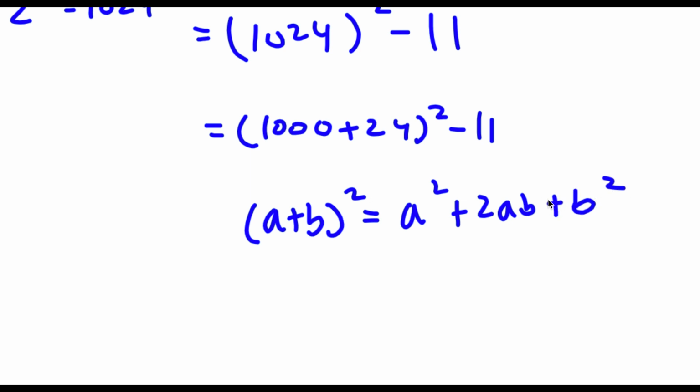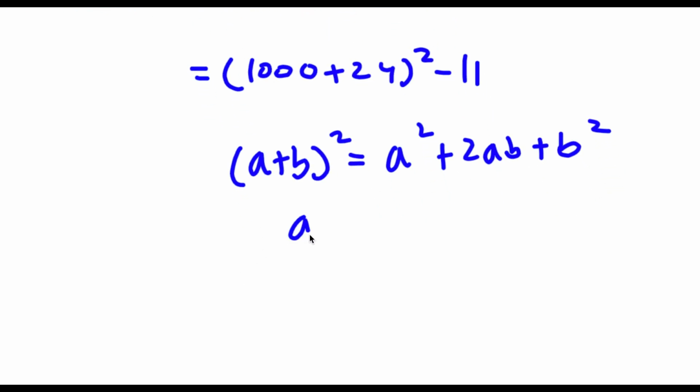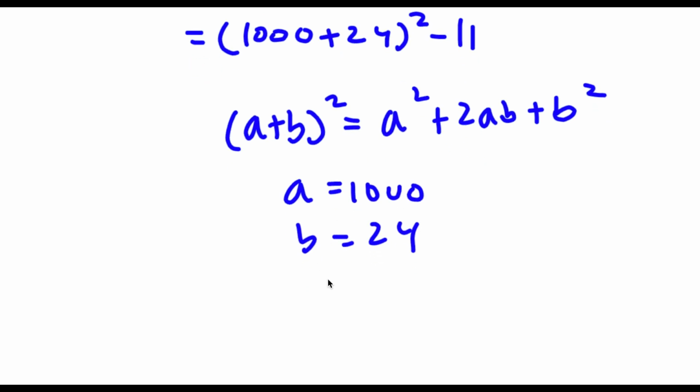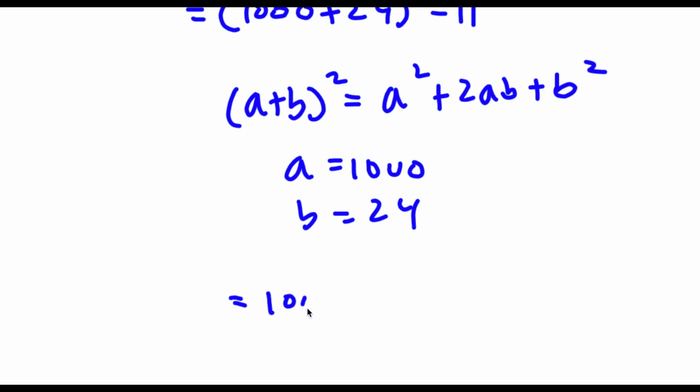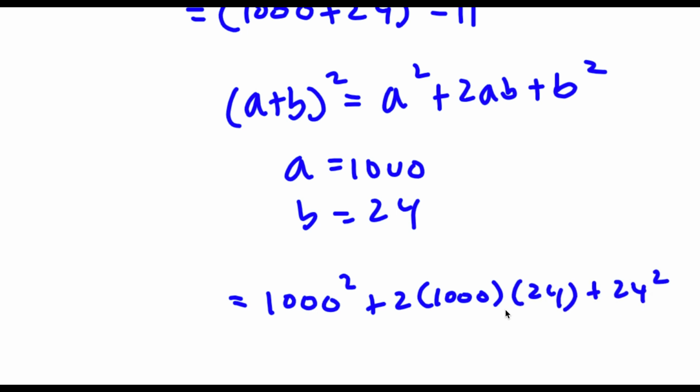So in this case, a is equal to 1,000, and b is equal to 24. So this is going to equal 1000 squared plus 2 times 1000 times 24 plus 24 squared.